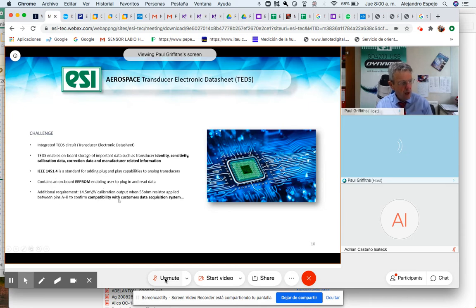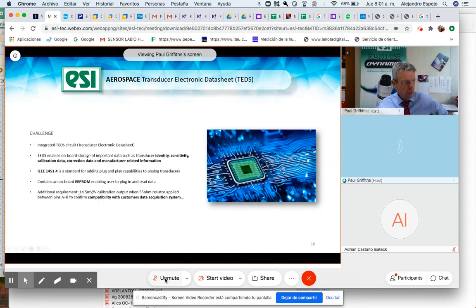It also had a very high output. If you remember last week, I mentioned that silicon and sapphire sensors typically have an output of 10 millivolts per volt, but actually it can be as high as 20 millivolts per volt. So this customer asked for the highest possible output that we could achieve for all ranges.